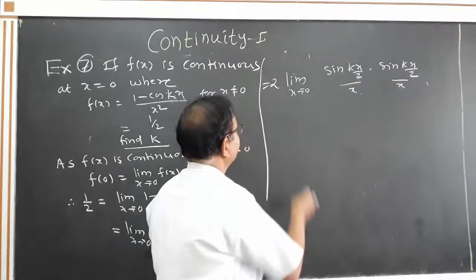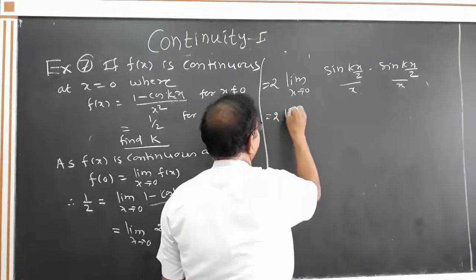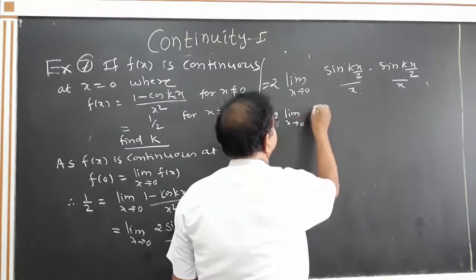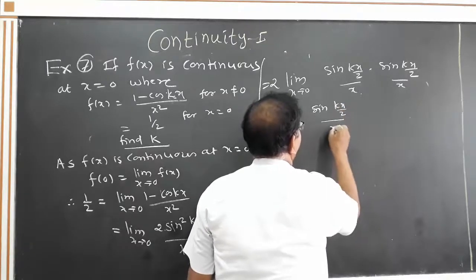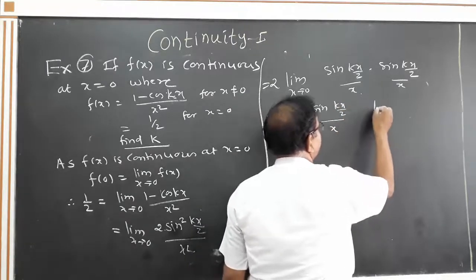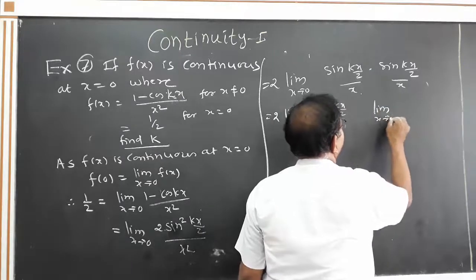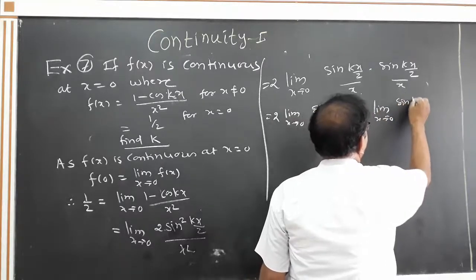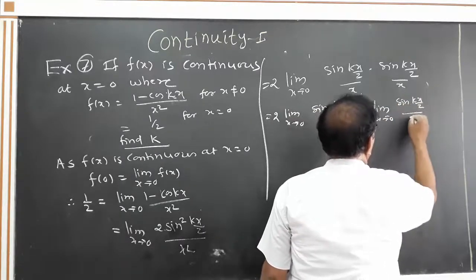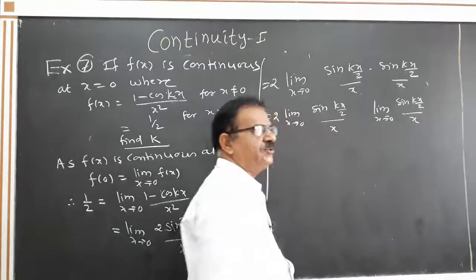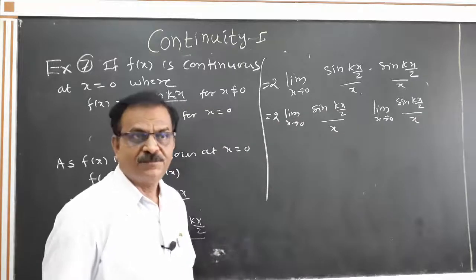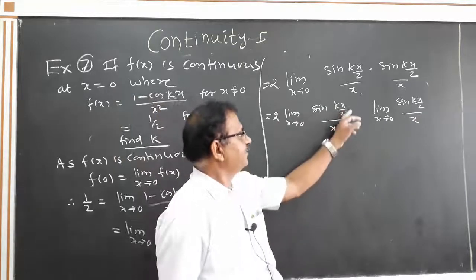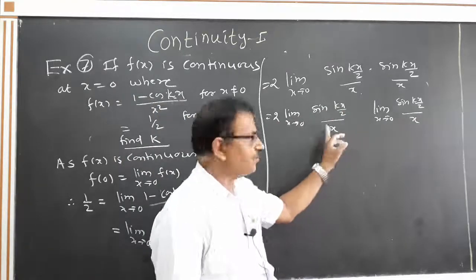Separating the limit, we will get limit x tends to 0 sine kx by 2 divided by x into limit x tends to 0 of sine kx by 2 divided by x. We know that limit theta tends to 0, sine theta divided by theta equal to 1. Therefore, this angle must be in the denominator. So what shall we do?